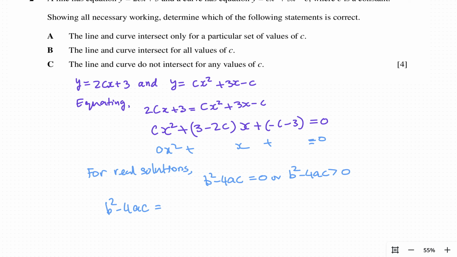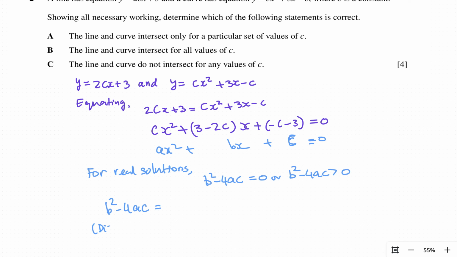Here I should probably write it as small a, b, and capital C, and it doesn't matter. So b squared minus 4ac here, the discriminant.